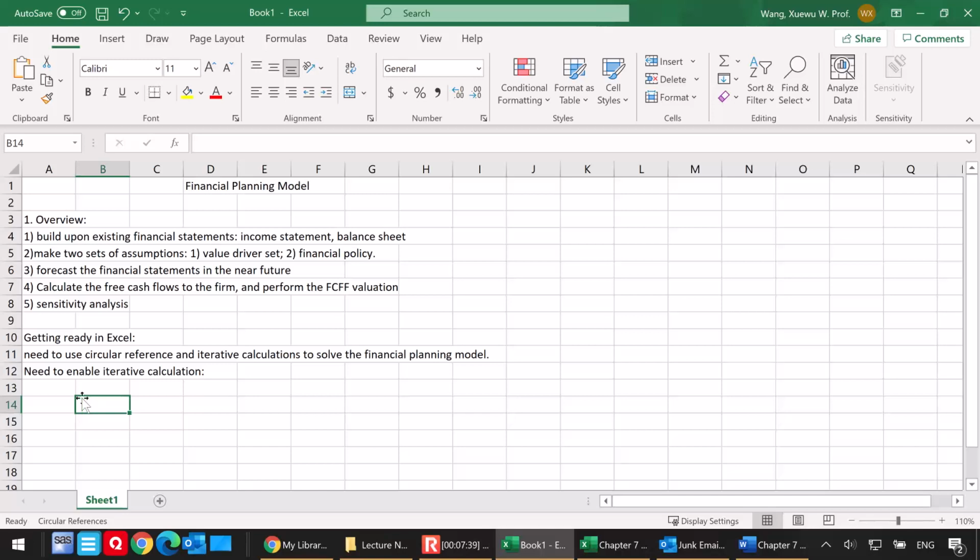If you do not enable it, Excel is going to report an error message saying you're using circular cell references and it doesn't know how to solve this model. That is the consequence of not enabling iterative calculation.